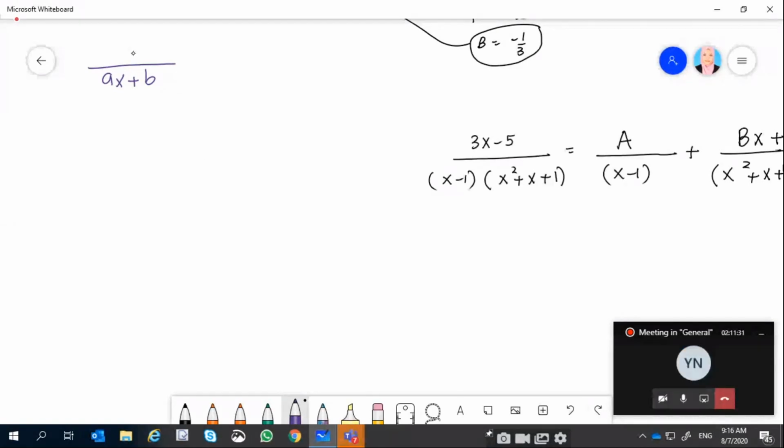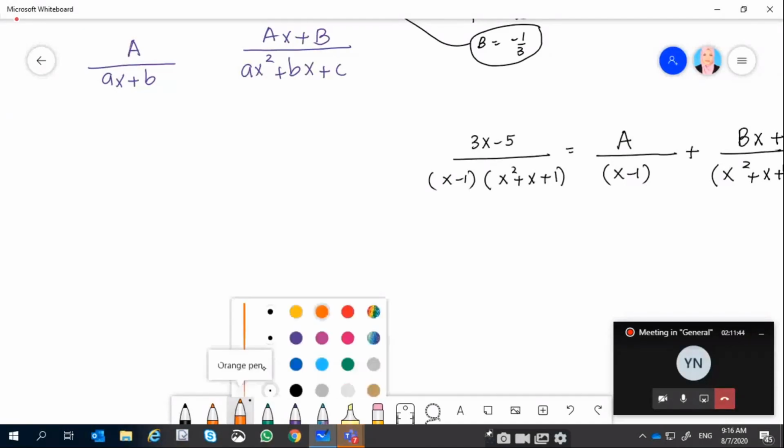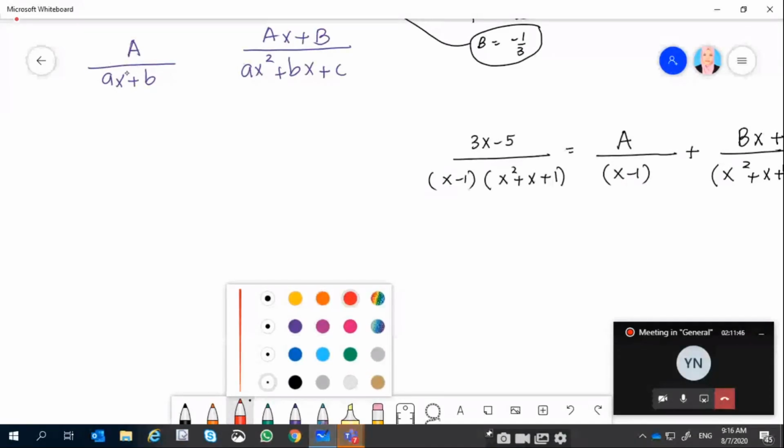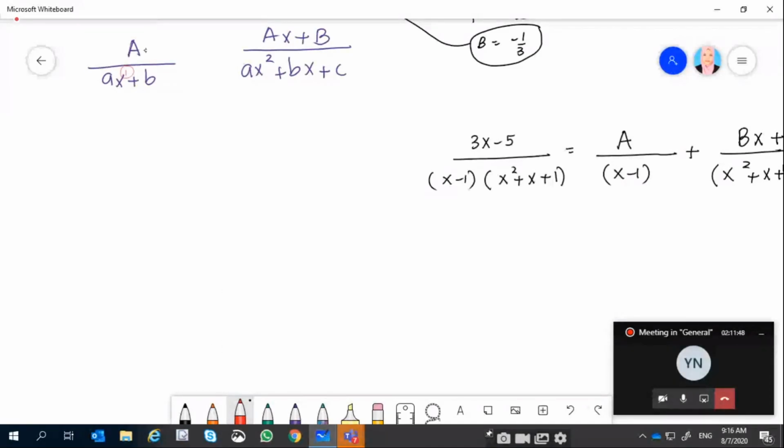But when you have as squared plus bs plus c, you have to put As plus B. When you look at the degree, the highest degree here is 1, so at the top it is reduced by 1, which is 0.